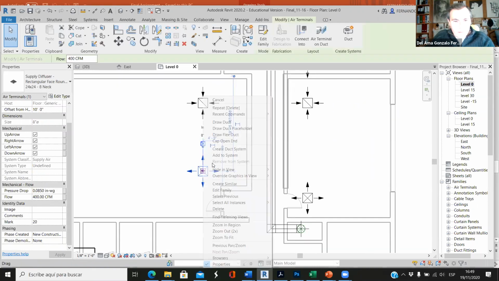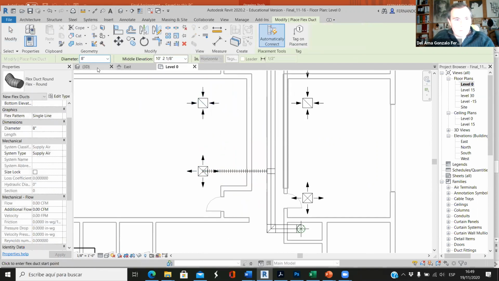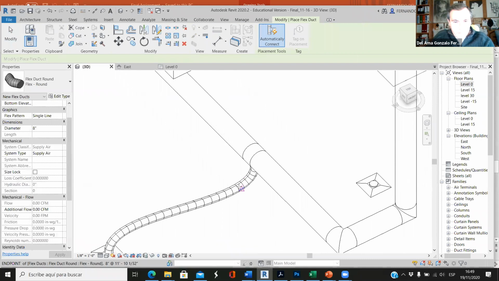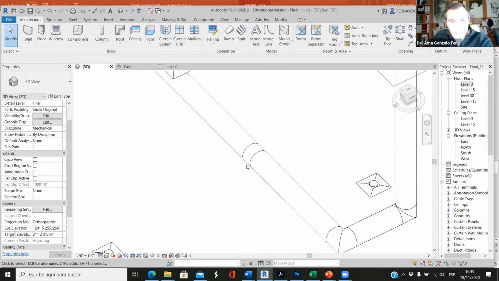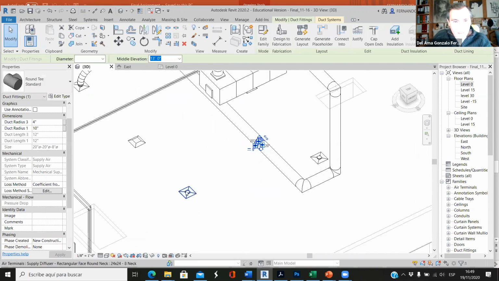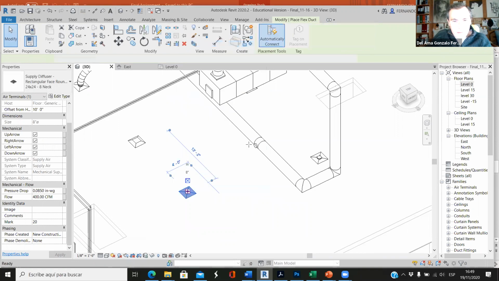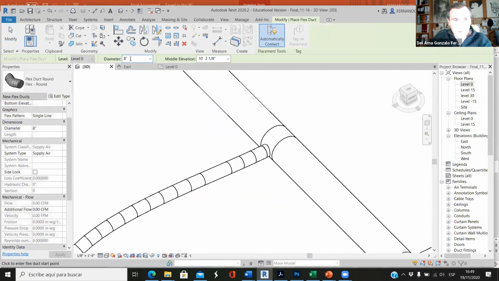So let's do it again. Flex duct here, 3D. Select the T, rotate, and now connect this with flex duct here, diameter 12.